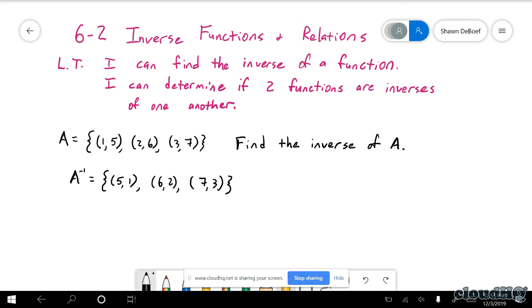But most of the time we're going to have a function, which is not just a set of points, but an actual equation.